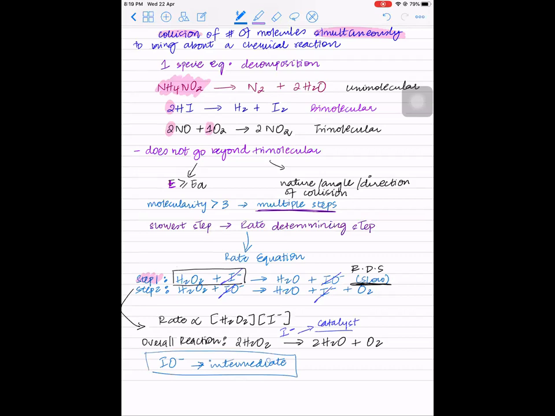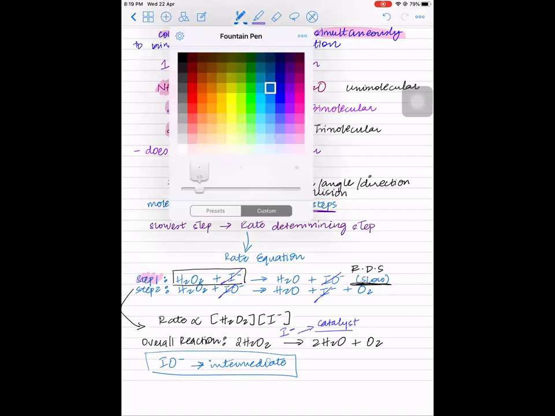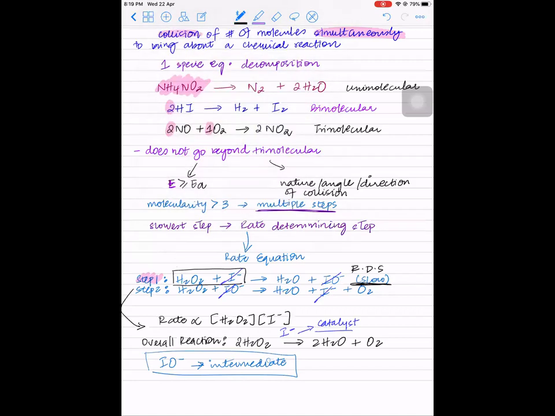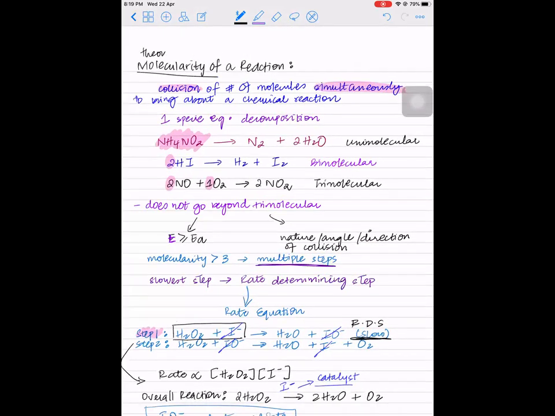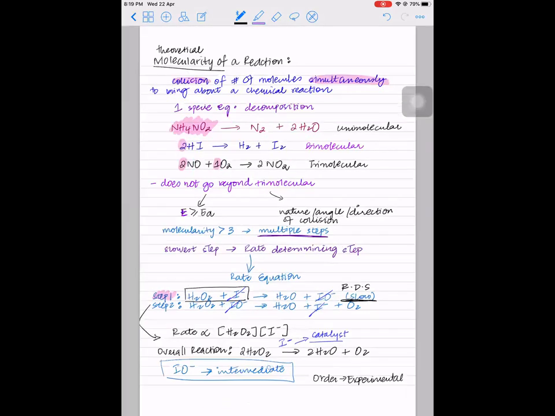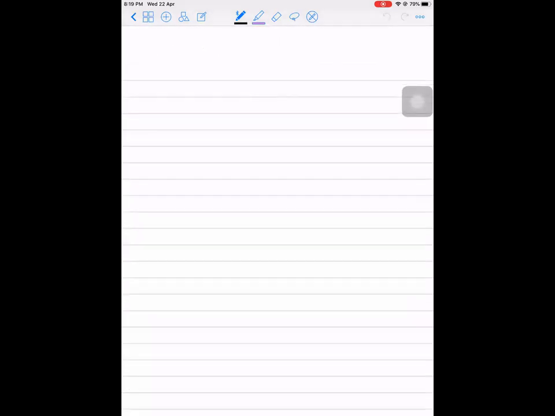So the difference between molecularity and order is always going to be what? Experimental. Order is an experimental value, whereas molecularity is a theoretical value. Now, order can be 0.